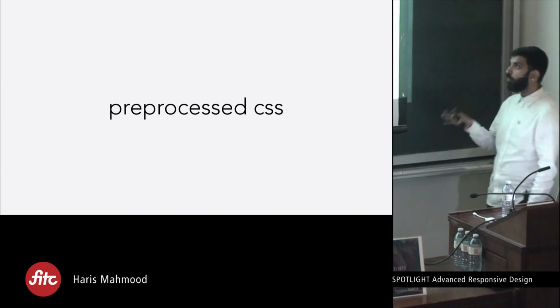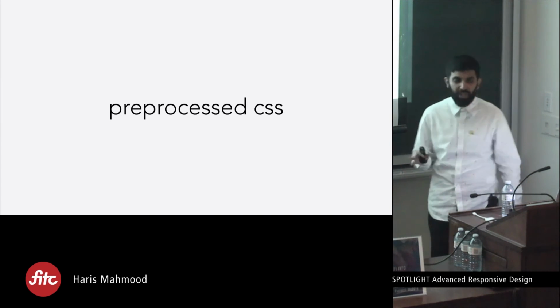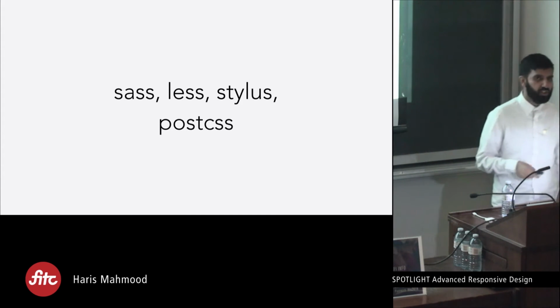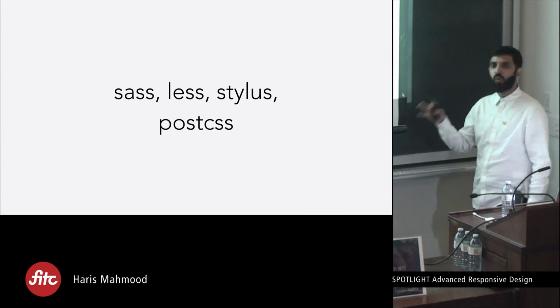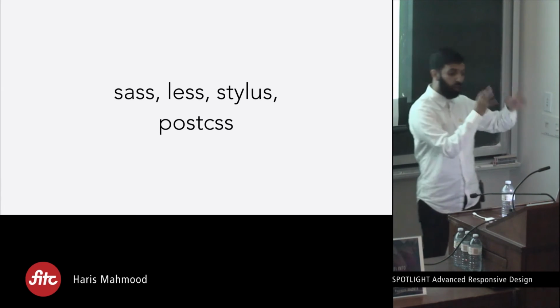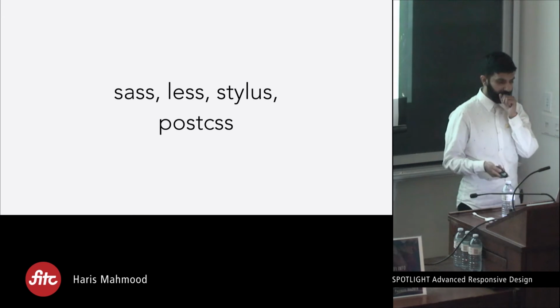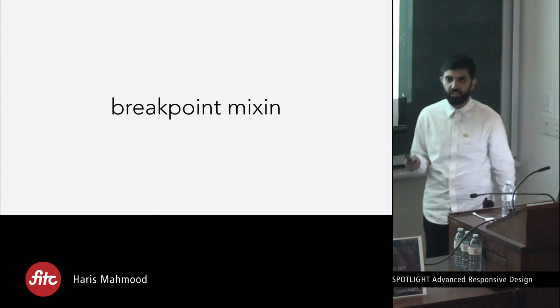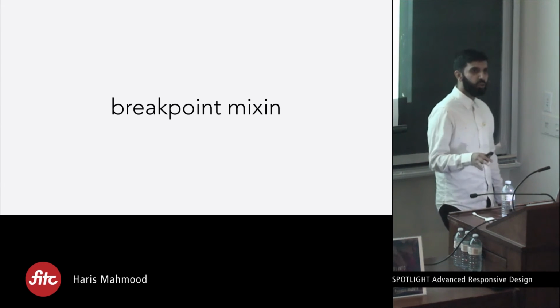And they both only work if you're using pre-processed CSS. That means you're using Sass or Less or Stylus or PostCSS or something along those lines, where you write something else and generate it into CSS. The first thing that you should leverage is a breakpoint mixin. There are various ways to write it.